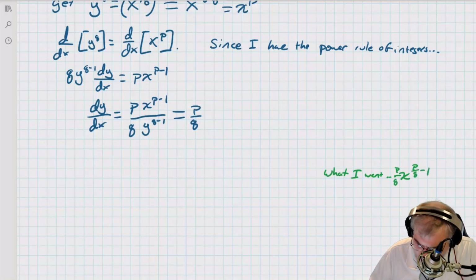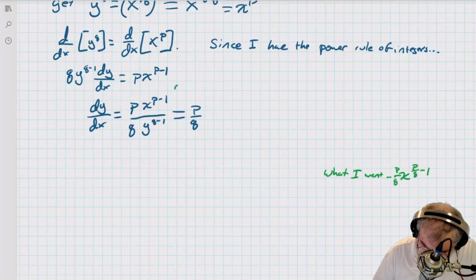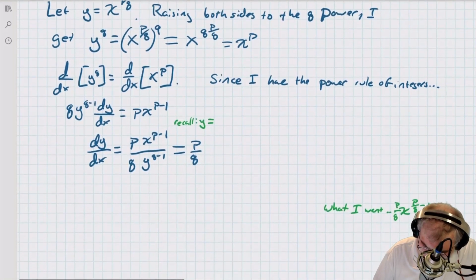Okay, now recall that y equals x to the p over q.